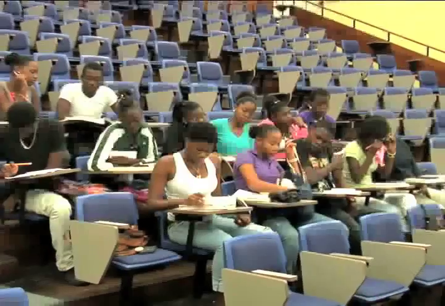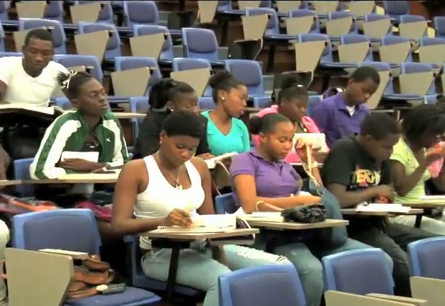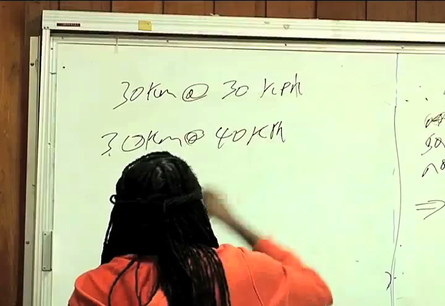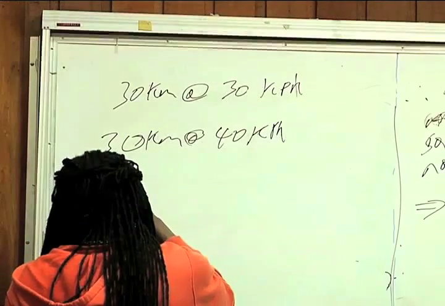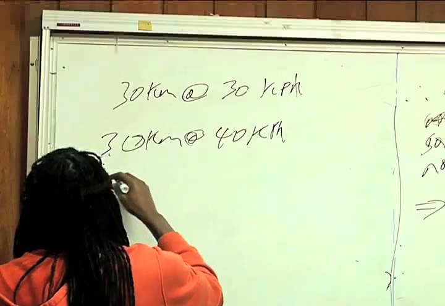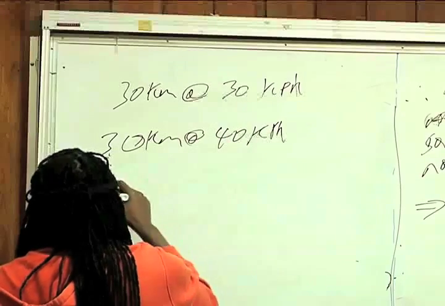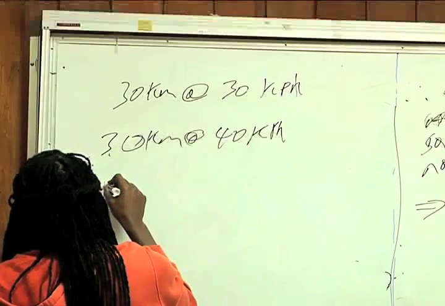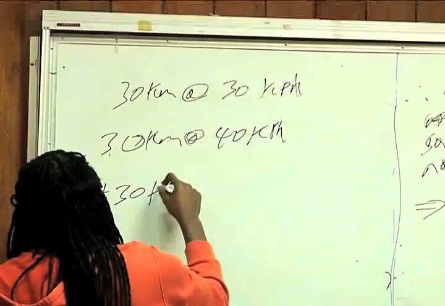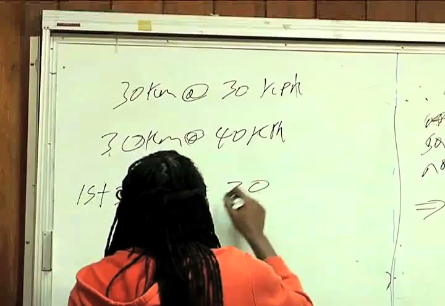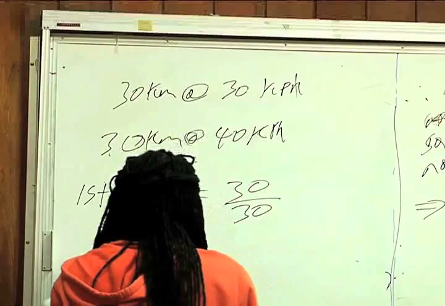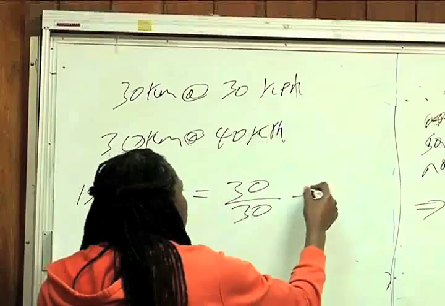Alright. So the first thing we have to find is the amount of hours. So, time taken to travel the first 30 kilometers: 30 over 30 equals 1 hour.